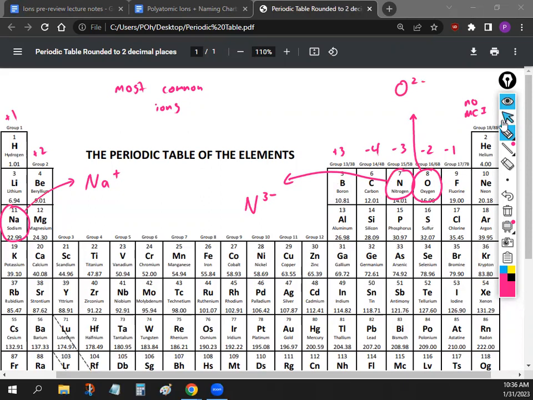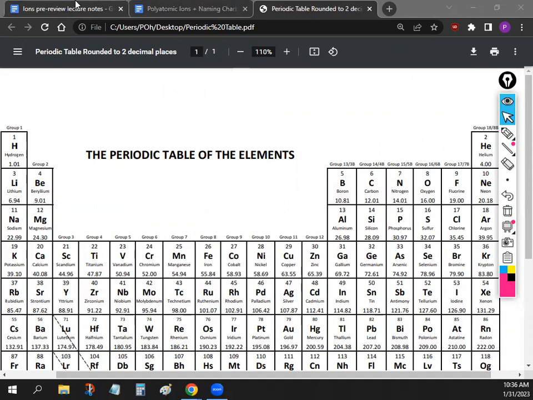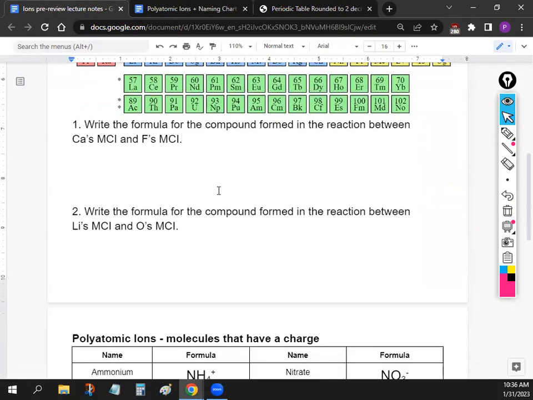Okay, with that in mind, let's take a look back at the problem you just wrote down. The question asks us to write the formula for the compound or the molecule that is made between these. So what I want you to do right now is take about 30 seconds or a minute.